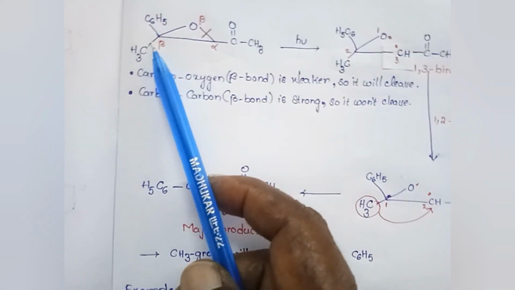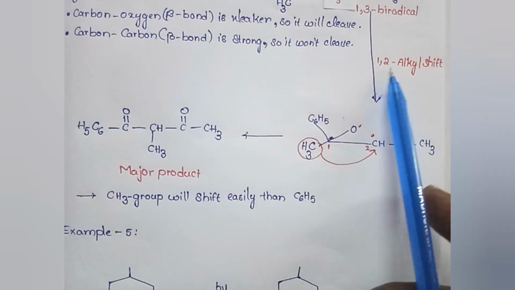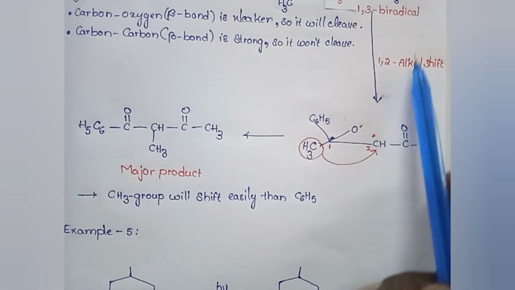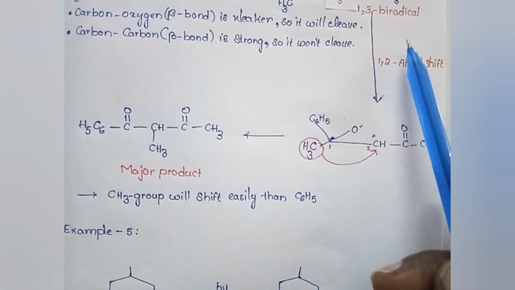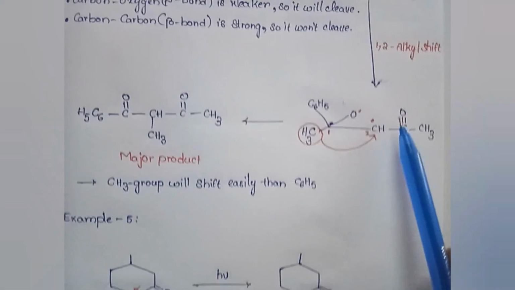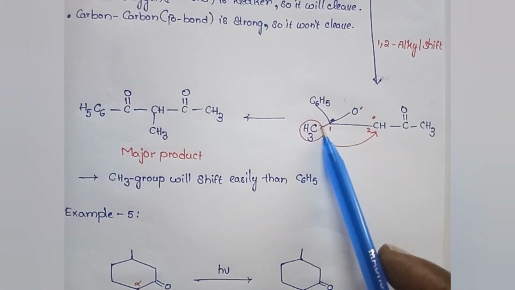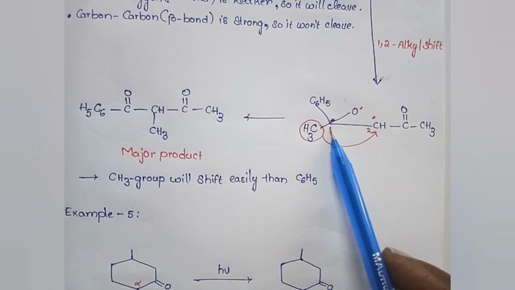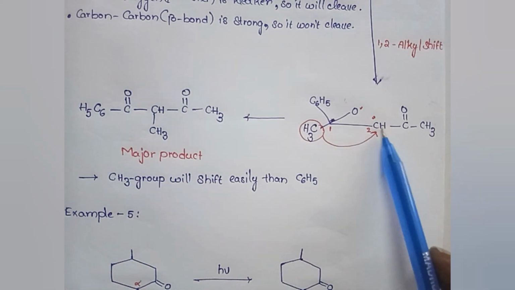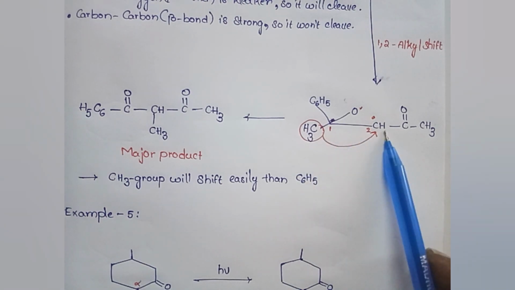The phenyl group is a heavier group, so the methyl group will shift easily. So only the methyl group will undergo the 1,2 alkyl shift, from this carbon 1 to the second carbon atom. This is the 1,2 alkyl shift.